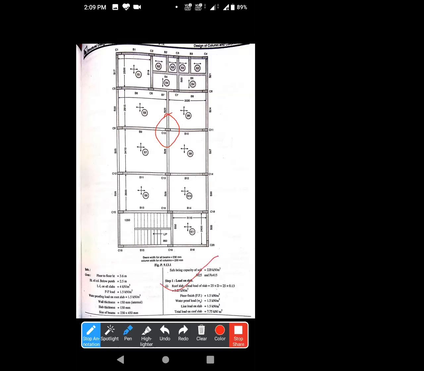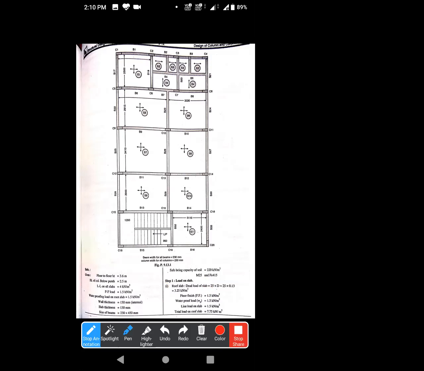Step number one, you have to do the load calculation from roof slab to the ground slab. First we are going to deal with the roof slab. Dead load of slab is 25 into D. The slab thickness is 130, that is 0.13, which is equal to 3.25 kilonewton per meter square. Next, floor finish is 1.5 kilonewton per meter square.